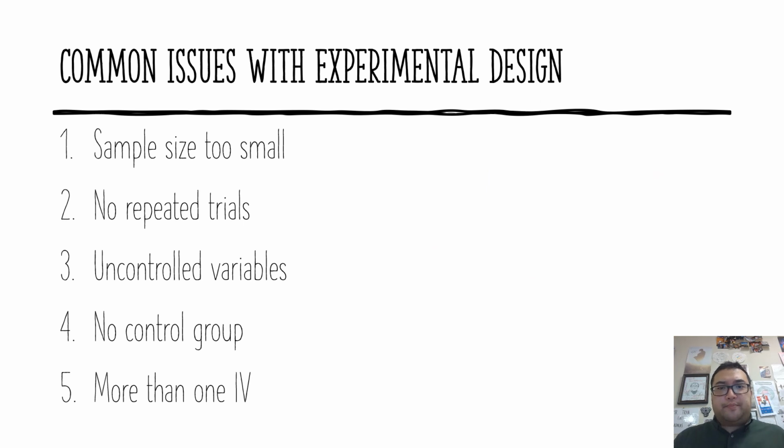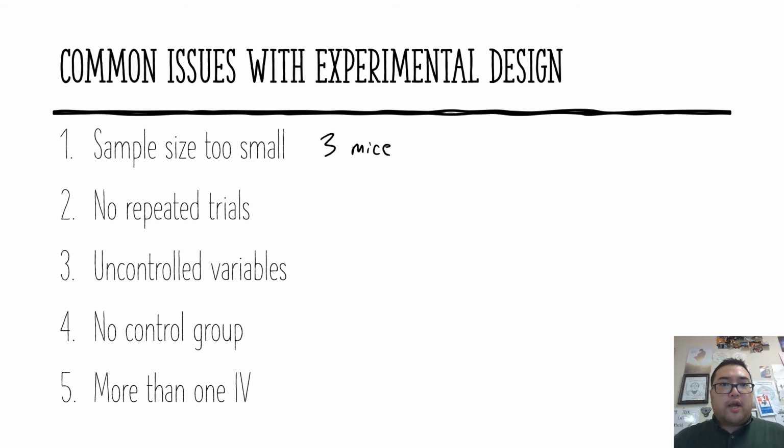Common issues with experimental design. So the sample size could potentially be too small. When working in a biochemical lab like I did at Baylor College of Medicine, working with mice, the good sample size was considered to be 3 mice. So again, anything less than that would be considered not big enough to compare results or to be confident in your results.